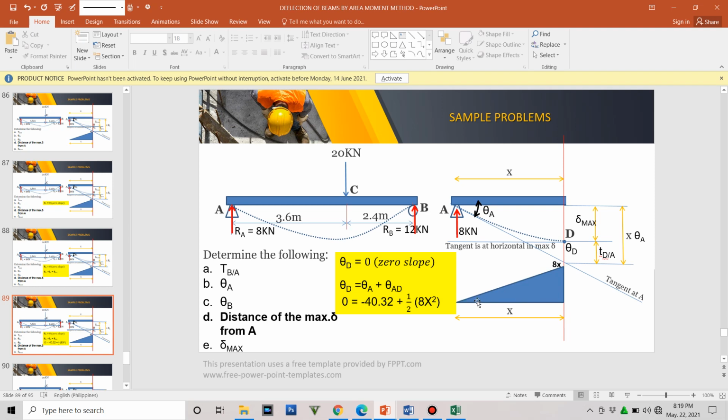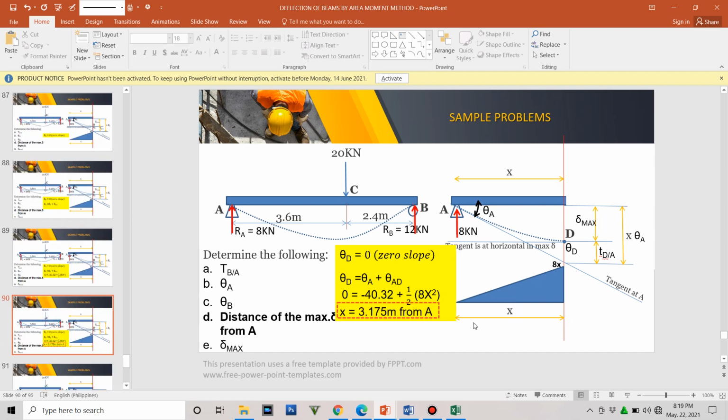So, that is simply equal to 1/2 base times height, 8x times x, or that is 8x squared. So, by manipulation, transpose mo lang yung sa kabila. And then, by arithmetic, we have x is equal to 3.175 meters from A. So, this should be the answer for letter D.